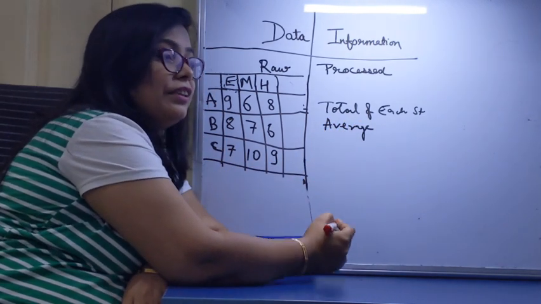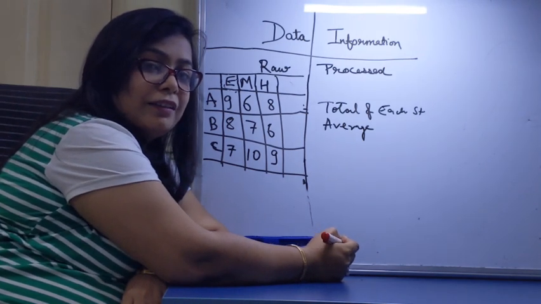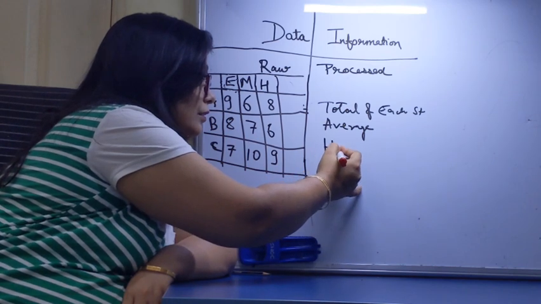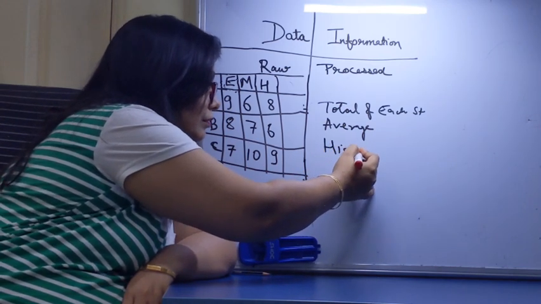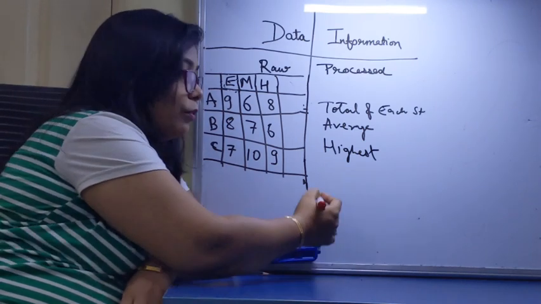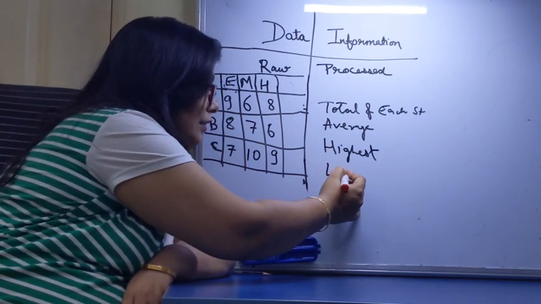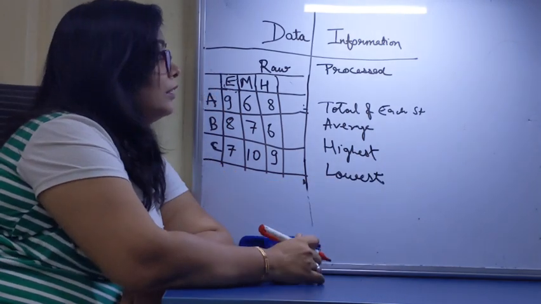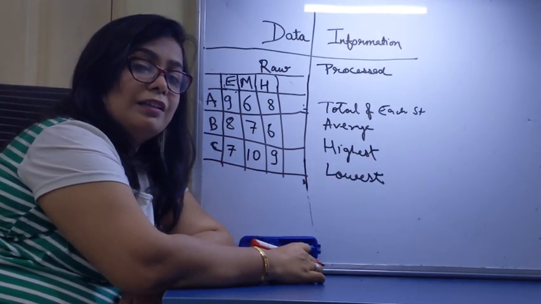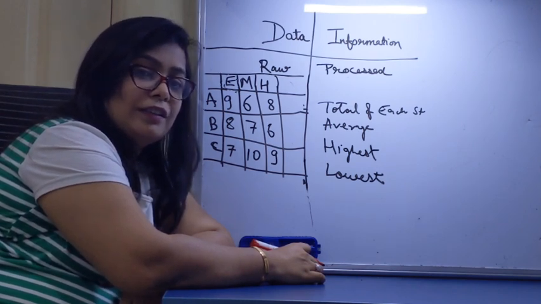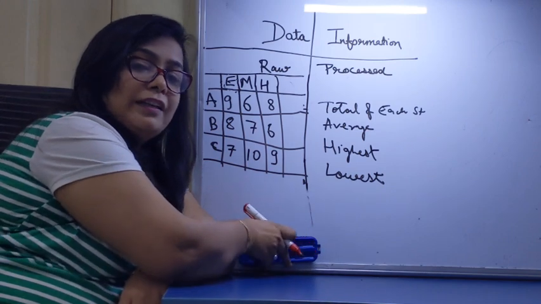Then when the teachers give a comparison command, you can find who has got the highest marks class wise and who has got the lowest marks, subject wise or class wise, total, whatever it is. So what I mean to say is you can take a number of pieces of information out of the same data. Okay. So this is how we use data and information.